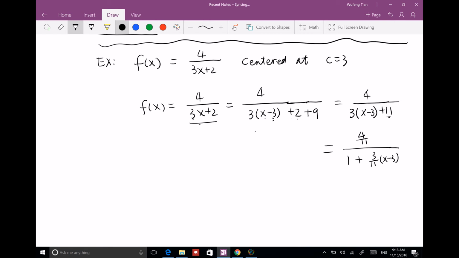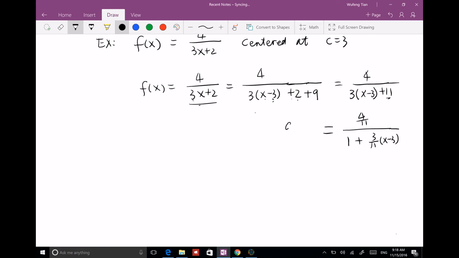So now my form is a over 1 minus r. I have a, I have 1, I have r, but I don't have the minus. So what do I do next, Matthew? If you're trying to find 1, would you change the plus into minus negative? Negative x minus 3. Yeah. So it's like that.